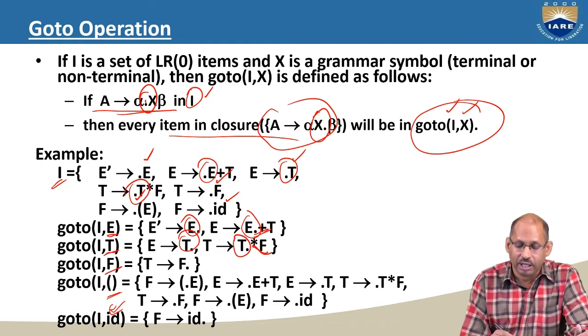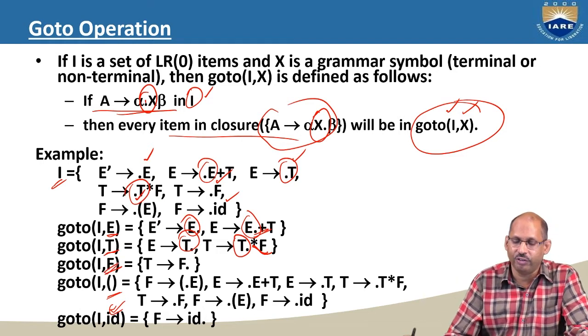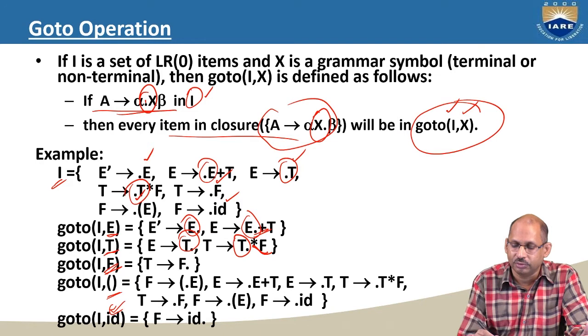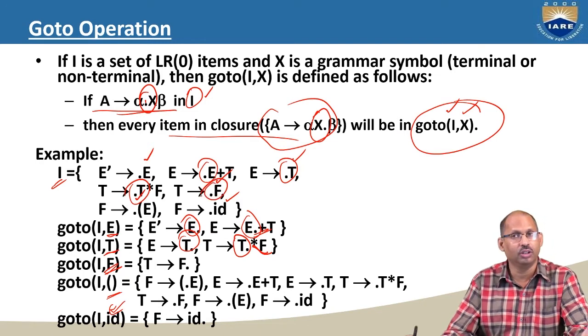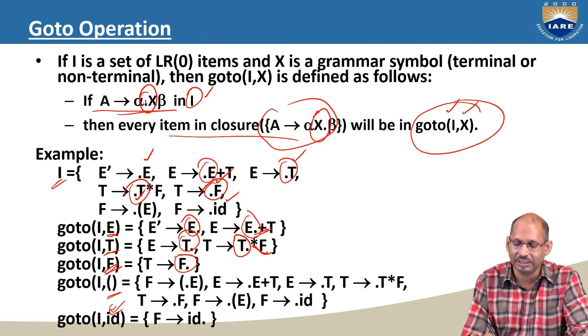Then Goto(I, F): here there is only one production with dot F, and now it becomes F dot.